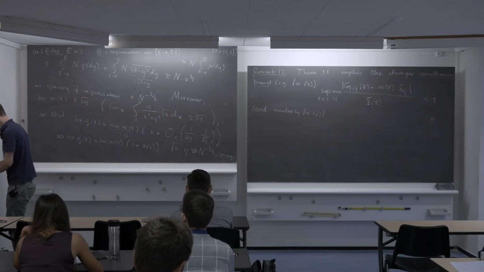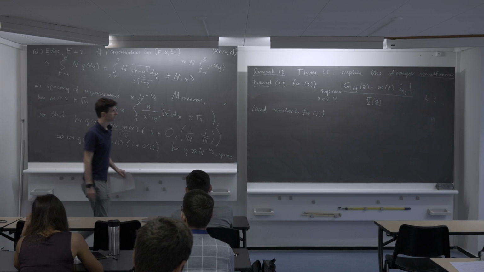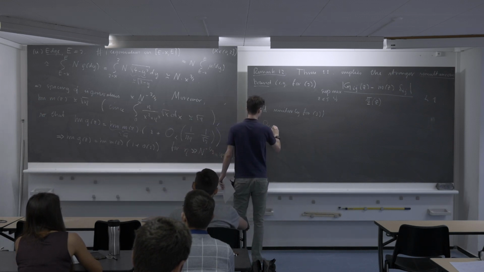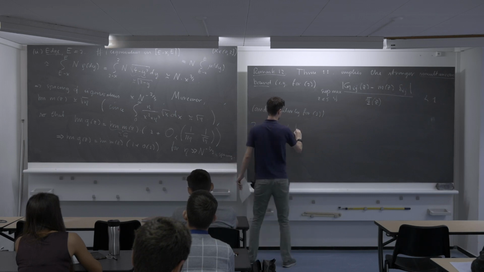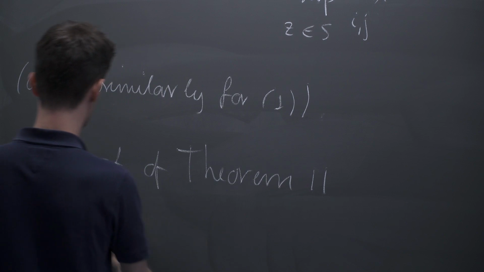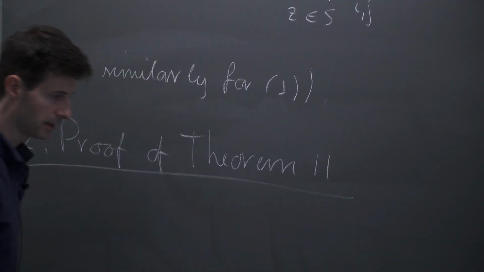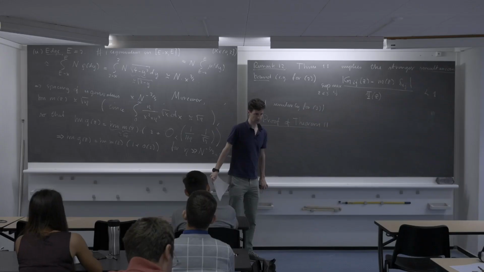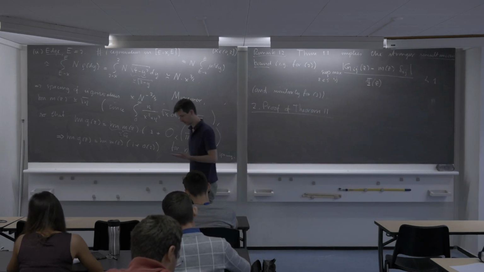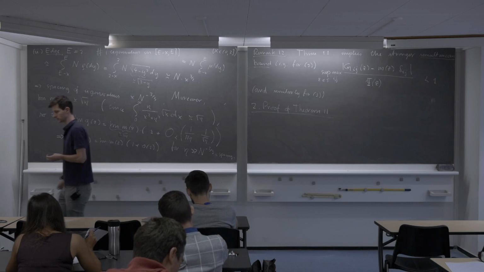Okay, so let me now start the proof. So this is the next section, and this is going to be a lengthy section. The proof is not completely straightforward. However, it is very conceptual.